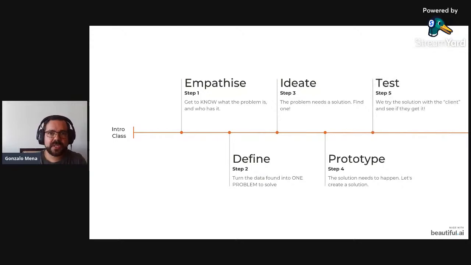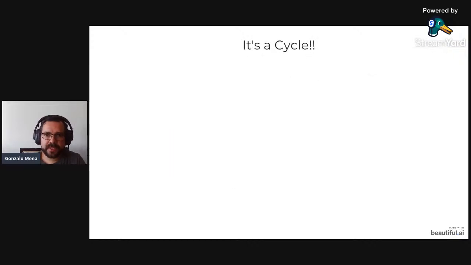And the final stage is testing. We show this product or service to the people that are having the problem that I'm trying to solve, and see what they think about it. This is a key stage because this is what's going to tell us if we're doing it right or wrong. And if we're doing it wrong, what can we learn so we can do it again and do it better?